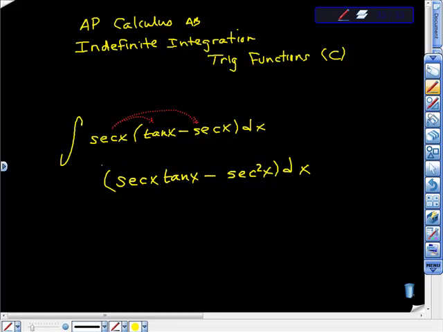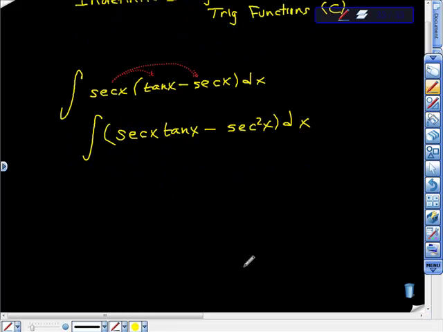Right? And from here, you may be surprised, but if you go to your integration formulas and look, you'll see clearly that secant x tan x integrates to secant x plus c. So I can just start integrating here. I'm going to drop the integral, and I'm just going to start taking that.